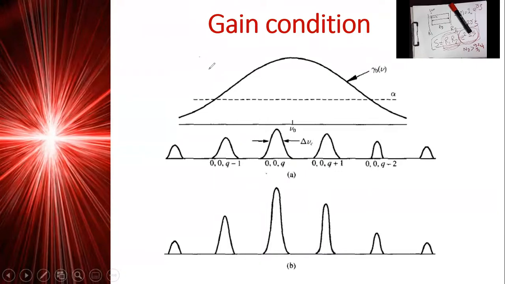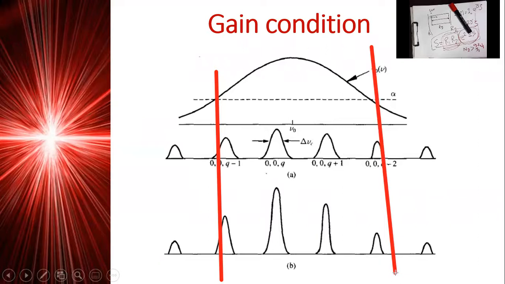So we have now these two borders. Per each round trip, resonance inside these two borders will be amplified, which is this one, and this one. However, resonance outside this border will be attenuated per each round trip.